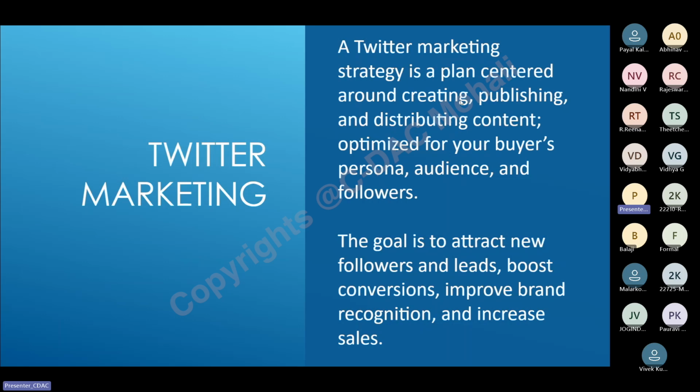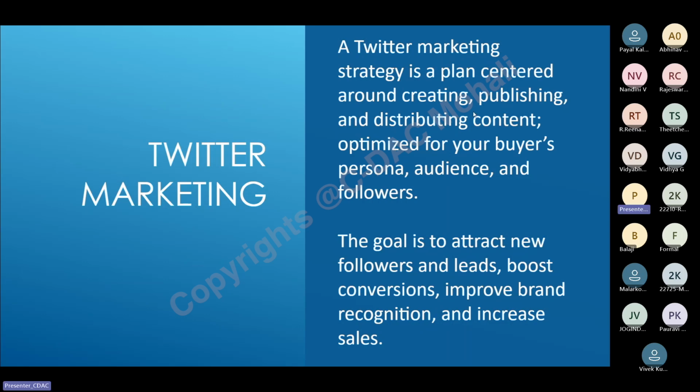And creating means you create your content to post on Twitter. If you have a content writer, or if you are using any AI tool like ChatGPT or anything else, first you will create your content. You will make your content ready.